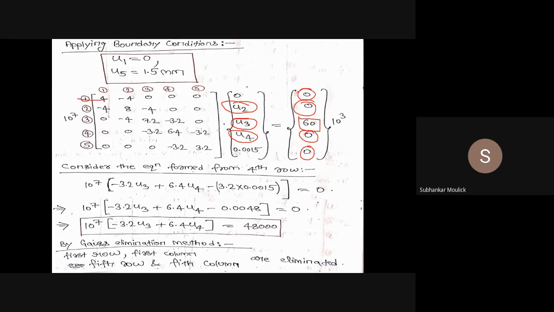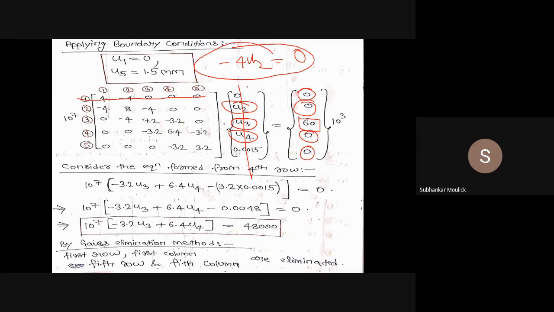If you solve row 1, that is this row multiplied by this column is equal to this value, it will be 4 into 0, minus 4 into u2, 0 into u3, 0 into u4, 0 into 0.0015, which is equal to 0. That means u2 is 0, which is not possible.